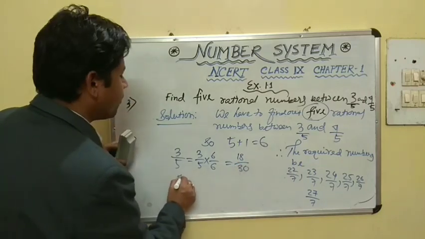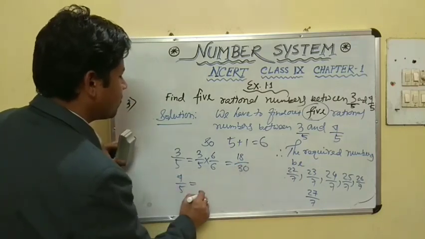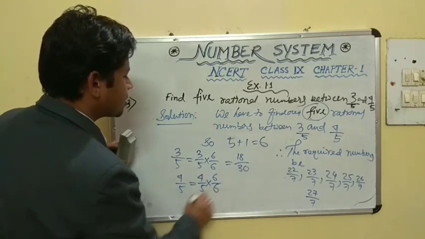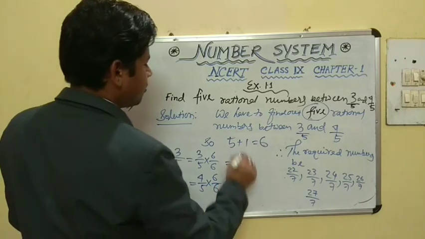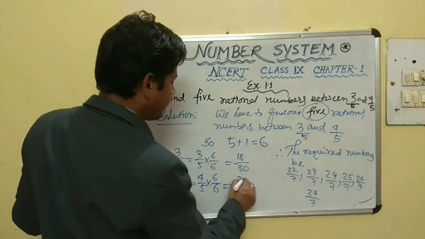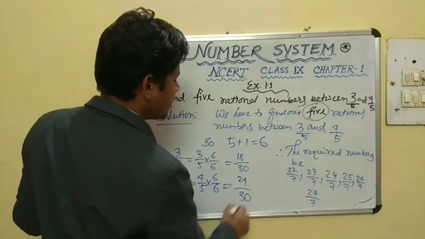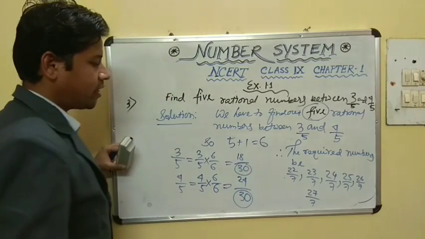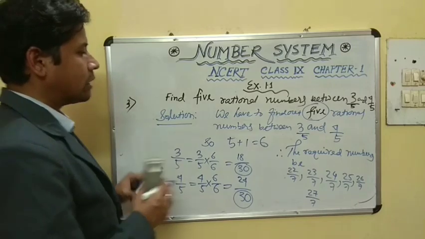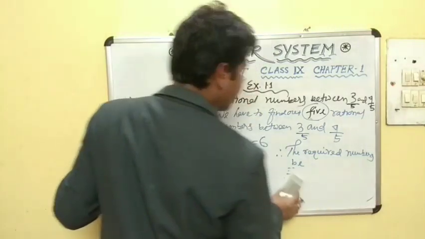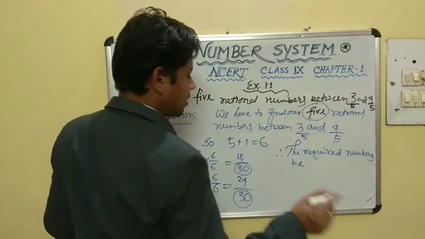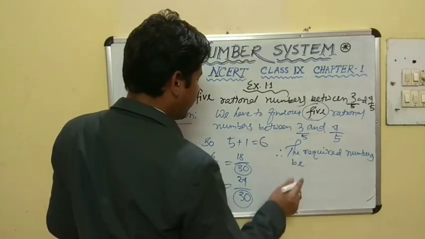Again 4 by 5, we will multiply by 6 upon 6, so it equals 24 by 30. See here, both the denominators are equal, so we can easily find the required numbers. The required numbers lie between 18 and 24. The 5 numbers we can easily find out.